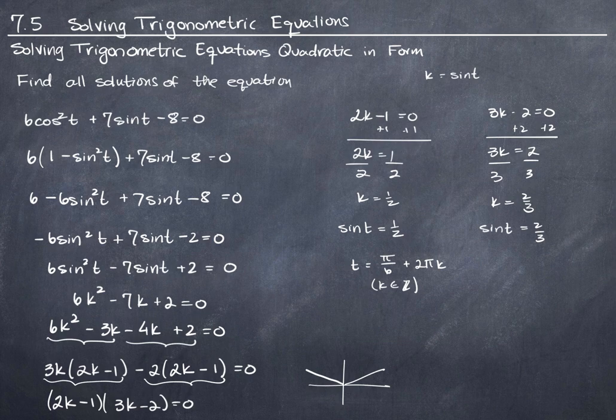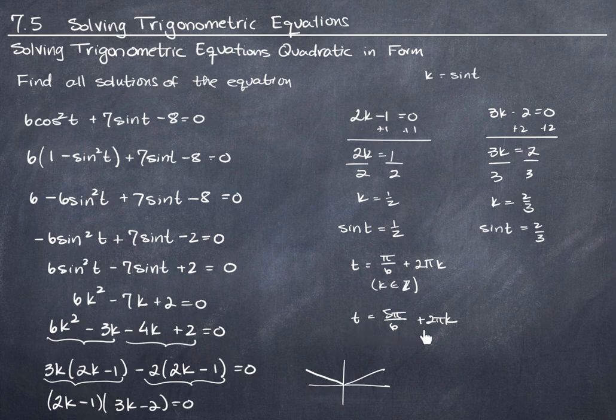And if this is pi over 6, and this is pi over 6, then this is 6 pi over 6 minus 1 pi over 6, or 5 pi over 6. t equals 5 pi over 6 plus 2 pi k. Because this is one solution, and there's another one, and there's another one, and so on.